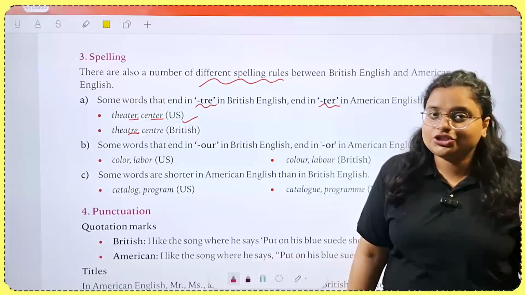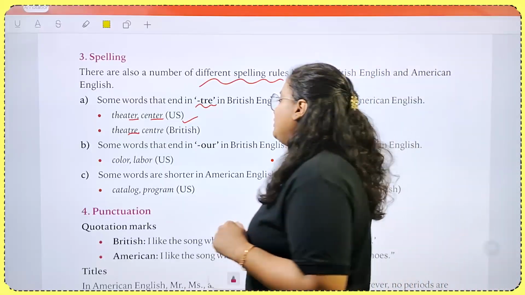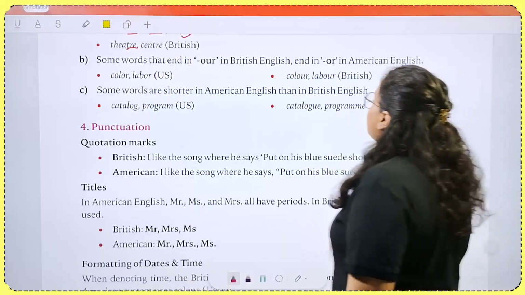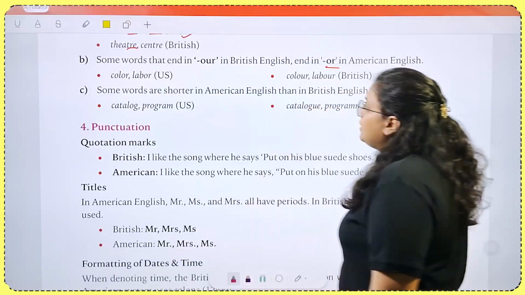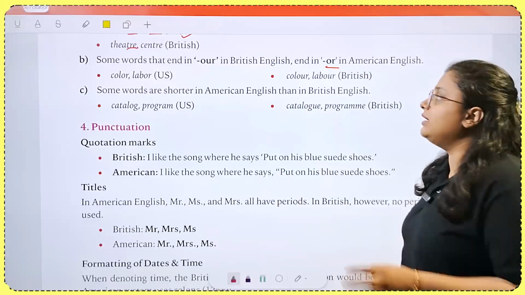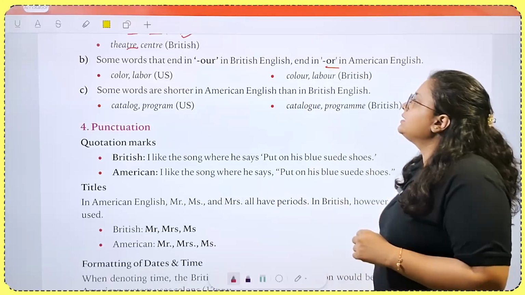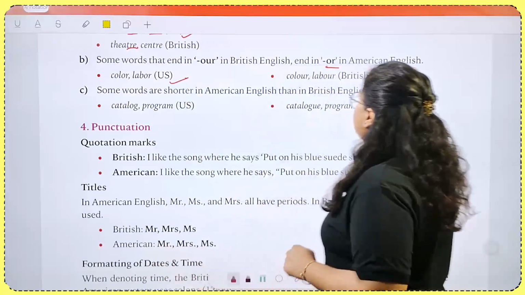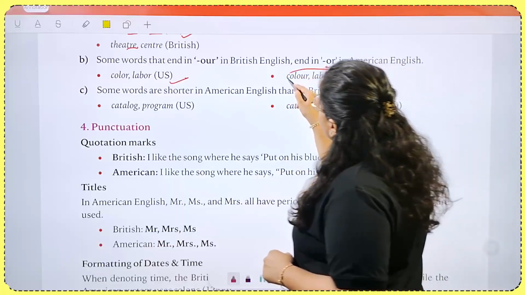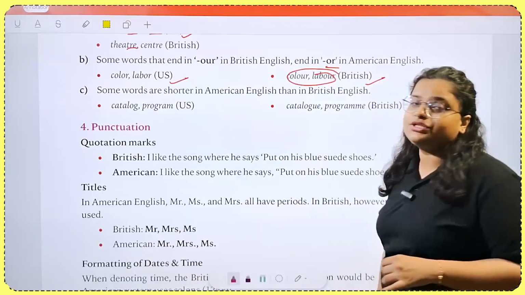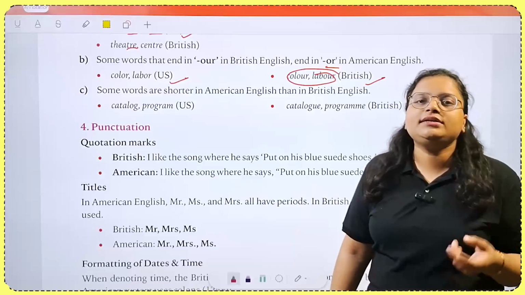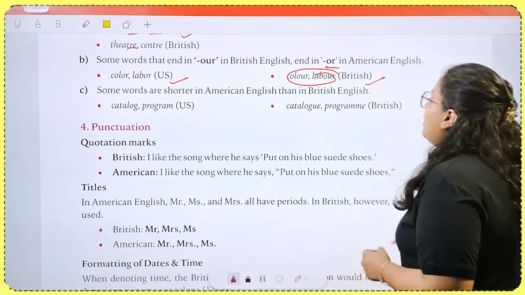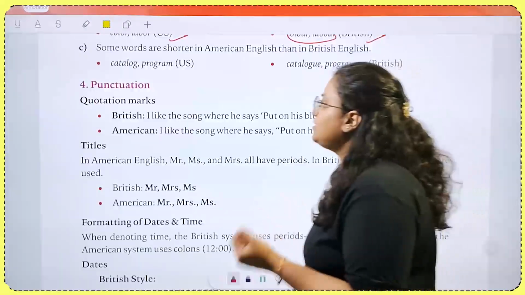The pronunciation remains the same, but there is a difference in the spelling. Some words ending in OUR in British English end in OR in American English, like color and labor. In India we usually tend to follow British English because we were colonized by them. This is a part of our history.